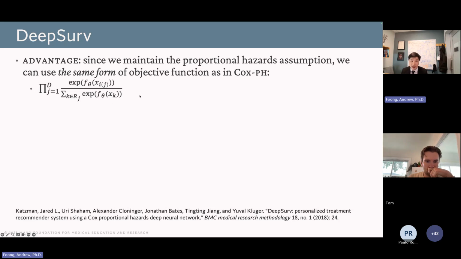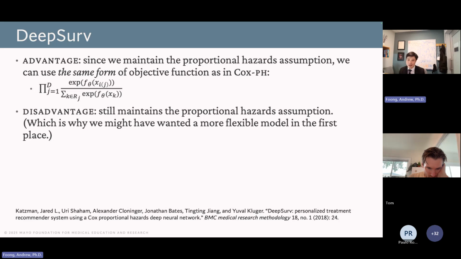And we can optimize it using gradient descent, like using Adam or something like that, mini-batch gradient descent. It's no longer a convex optimization problem because neural networks are not convex. But it's straightforward to write down this objective. And if you have code that already does Cox proportional hazards, it's straightforward to just edit that code a bit, and now you have DeepSurv.